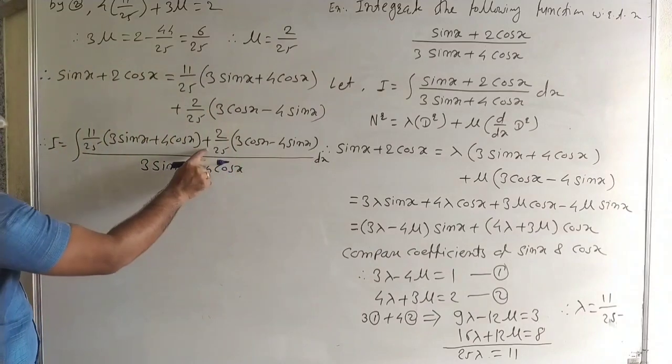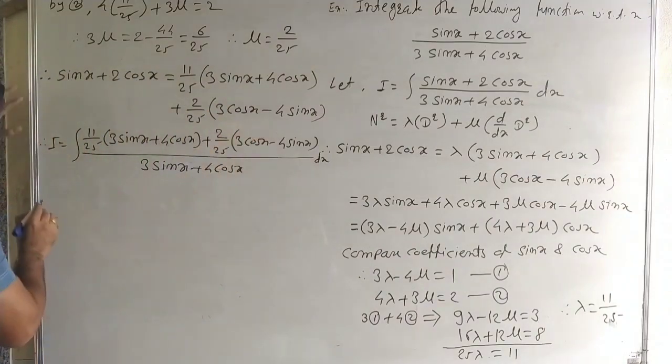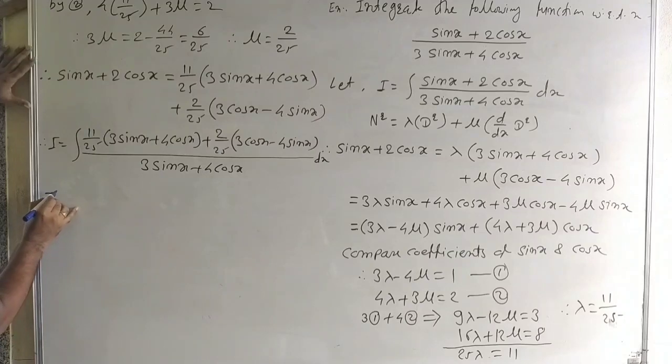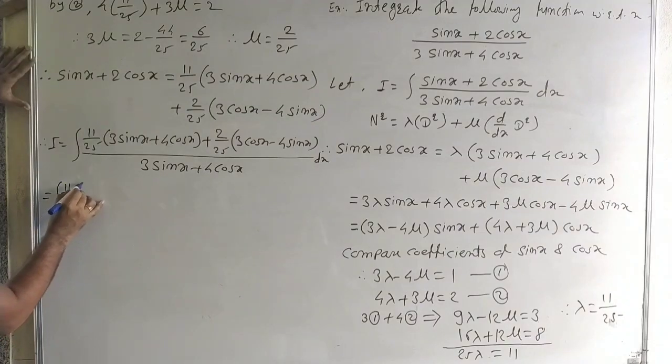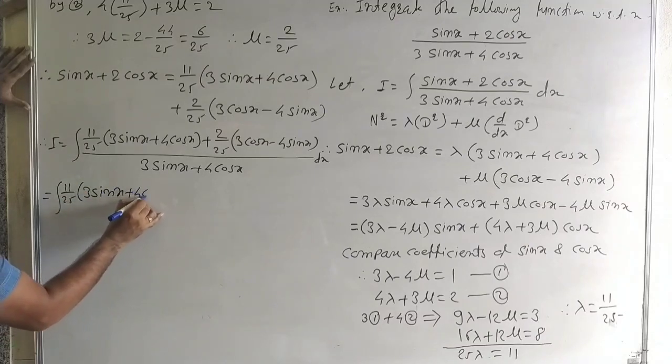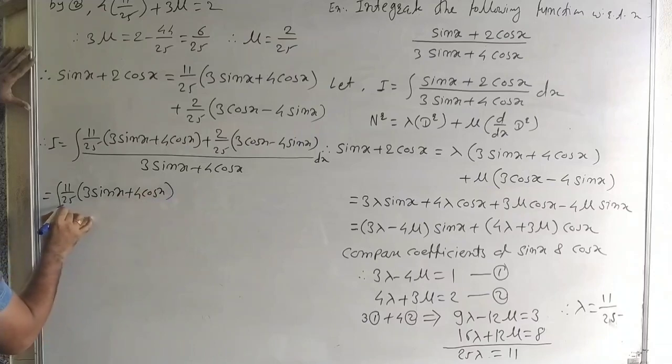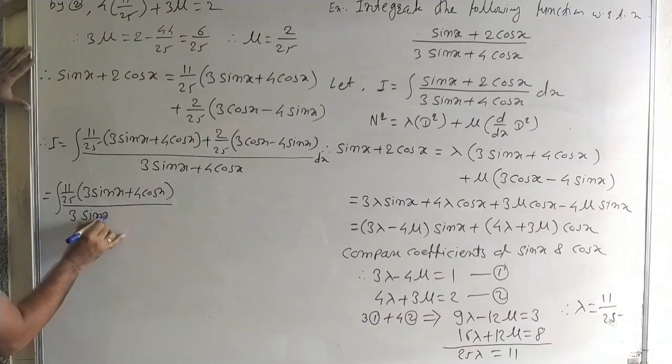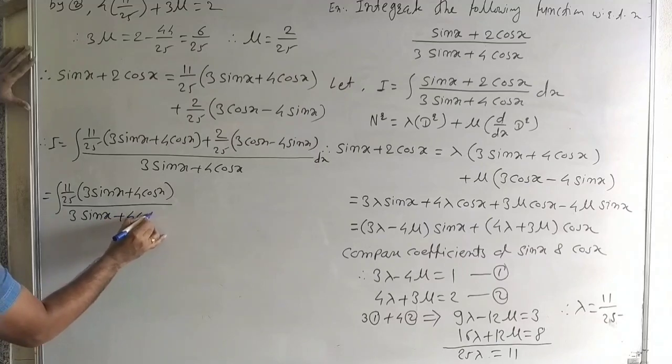Now separate the denominator for both the terms, since there is a plus. Therefore we get 11 by 25 into (3 sin x plus 4 cos x) upon (3 sin x plus 4 cos x).